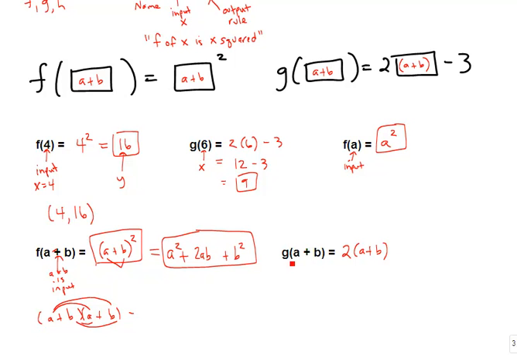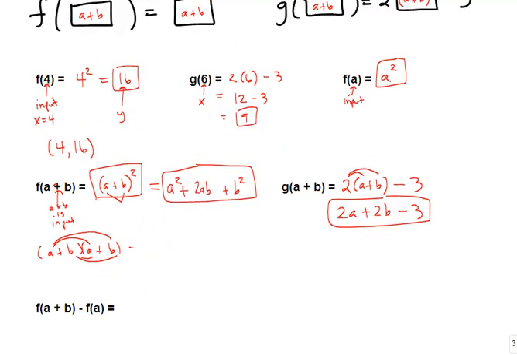So the rule for g is take 2 times the input minus 3. So 2 times the quantity a plus b minus 3. And you could leave it like that, but most likely I would go ahead and distribute that 2 across and make this 2a plus 2b minus 3. And there would be my answer.